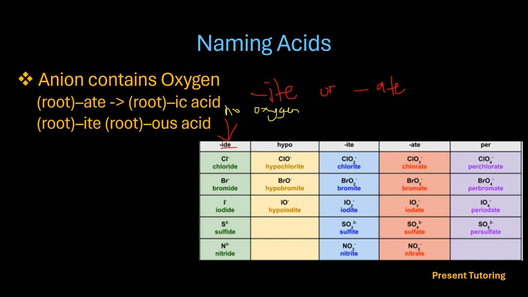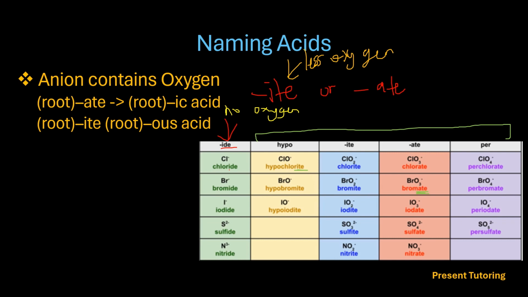But then the other ones over here do have oxygen. They end in ITE, like in hypochlorites, or they end in ATE, like in the case of bromates. If it has a suffix of ITE, it means there is less oxygen, but there is still some oxygen in the compound.